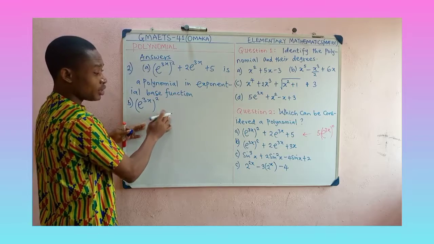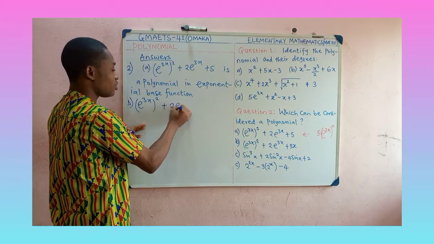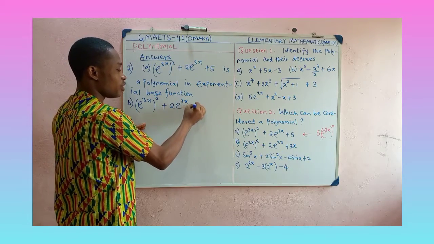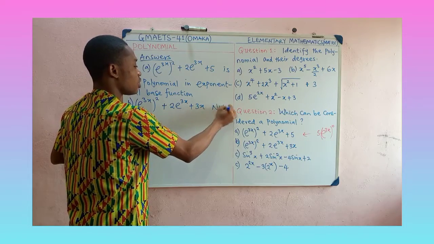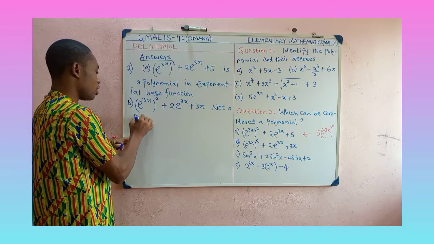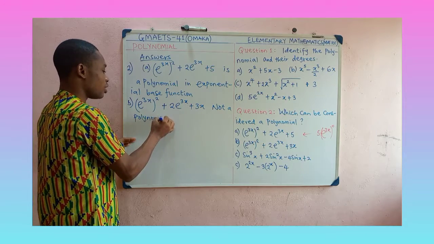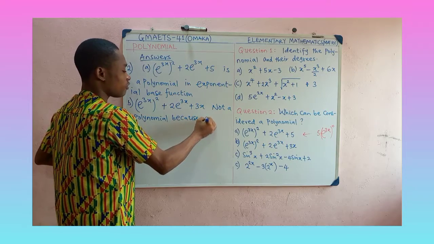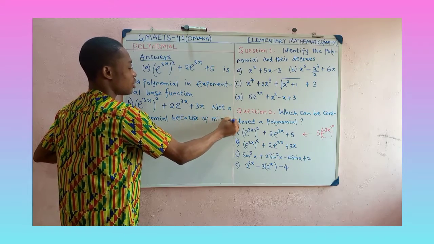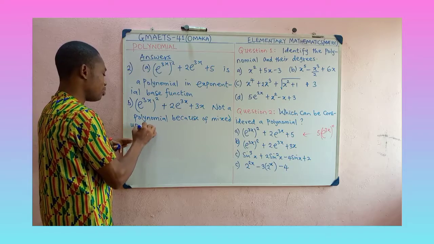Now let us go. So the second one, you see clearly that this second one is not a polynomial expression. We can't consider it as polynomial. So I'm going to write not a polynomial. Now what is our reason? Because of mixed up base.